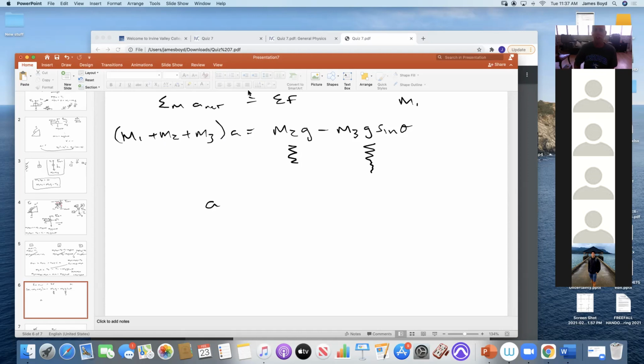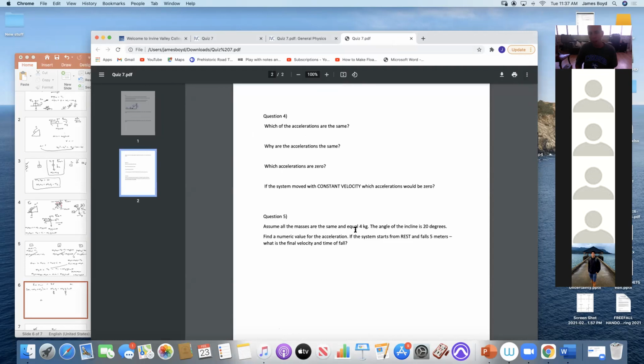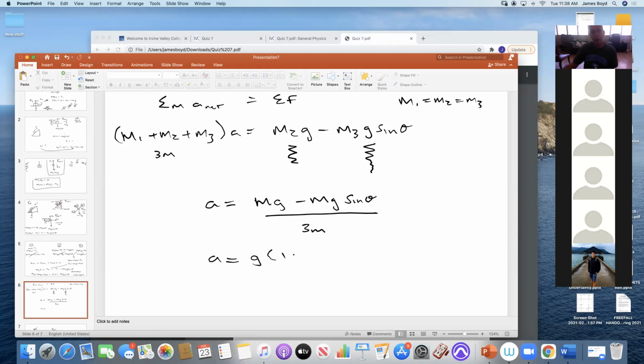We were told that in part 5: all the masses are equal and they're 4 kilograms. That doesn't really matter, but this is mg minus mg sine theta, and this is 3m. So if I divide by 3m, I get that A is g times 1 minus sine theta, over 3. All you do is cancel these. These both have a g in it, so I pulled one out.